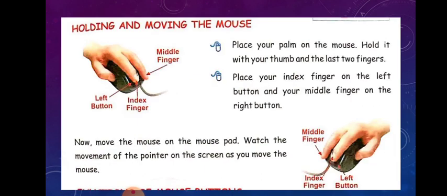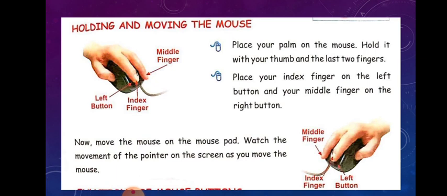Now, holding and moving the mouse. Dear children, just see the position of the fingers, how you should hold and move the mouse, and simultaneously you have to watch the movement of the pointer on the screen too.